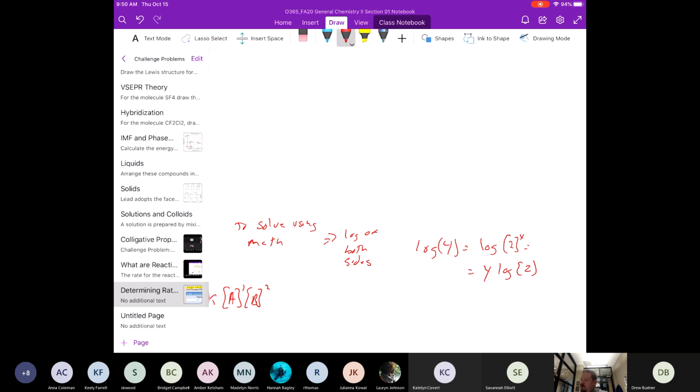Then we get the log of 4 is equal to y log of 2. So y becomes the log of 4 divided by the log of 2. So that's if we have a number that we can't do in our head, or if we want to just be lazy, if you will, not looking at doing estimations in our head, we can always use the logs to solve that.